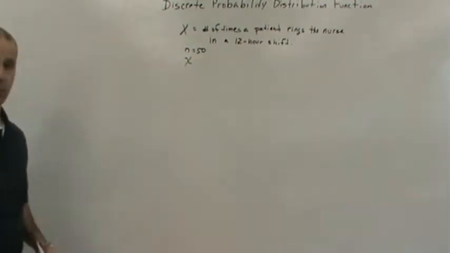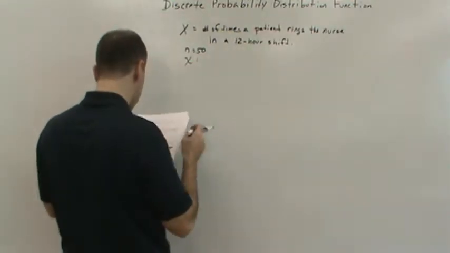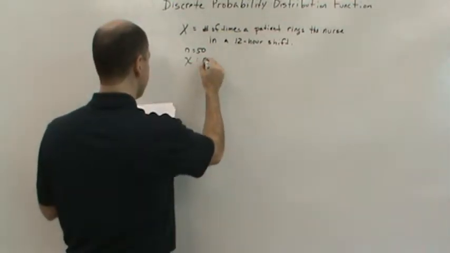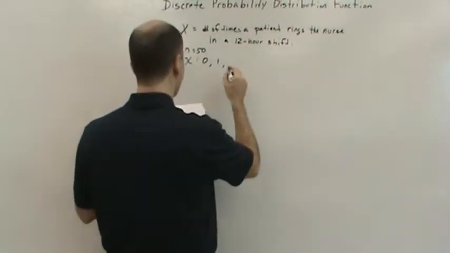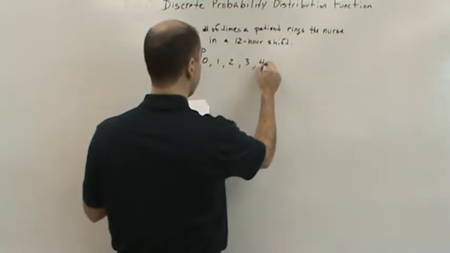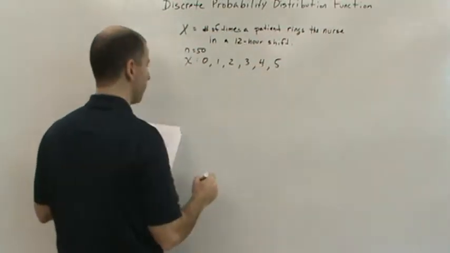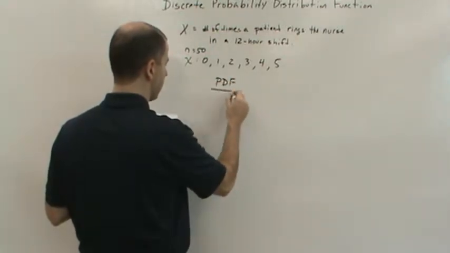And then what are the values of x? Well, based on the data, x took on the values 0, 1, 2, 3, 4, and 5. So what's our PDF? Well, here's what they came up with.